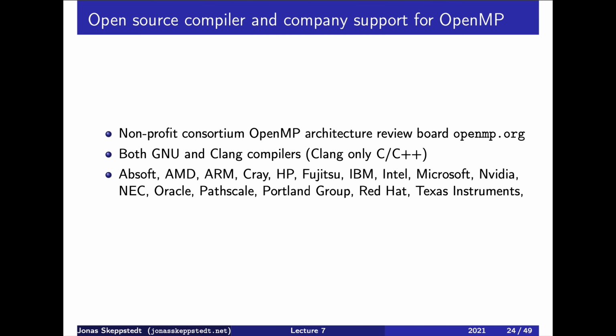So, how safe is it to use OpenMP? Is there a risk that the source code that we develop becomes obsolete due to non-existing support? I would doubt that seriously. There is a non-profit consortium at this address, and the two main C++ compilers support OpenMP, and a large number of very large companies.